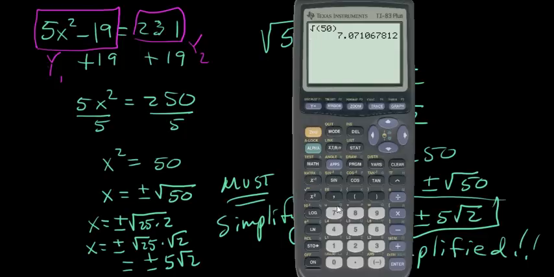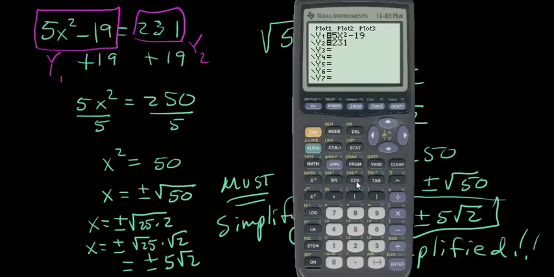Okay, so we got y equals 5x squared minus 19. Now, by here you're saying, well, why don't I just do x squared equals 50? Put x squared on one side and 50 equals, because obviously I could have made a mistake in my calculations here. So I always go back to the original one. So 5x squared minus 19, and down here I put 231.